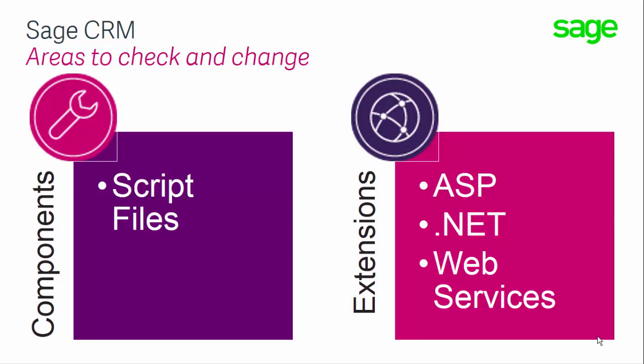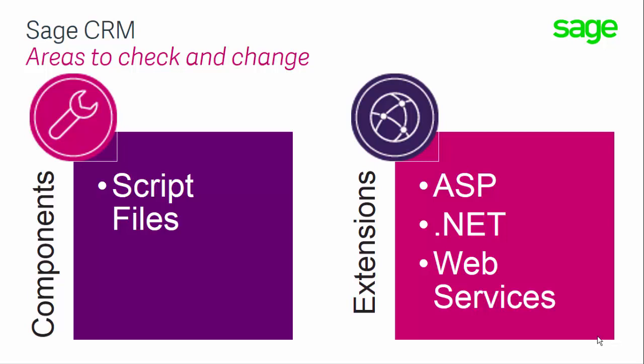We also need to understand what changes may need to be made to enable any custom add-ons, customizations, and extensions. And those are the SP pages, .NET assemblies, and web services code that used to work with Sage CRM 2017 will continue to work with Sage CRM 2018 R1 when a system is upgraded.